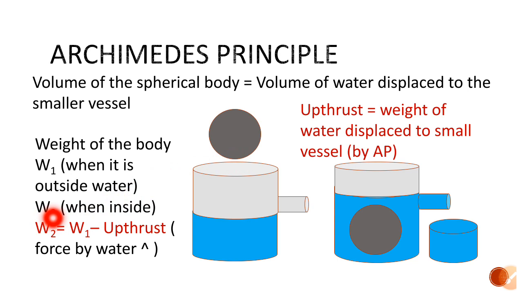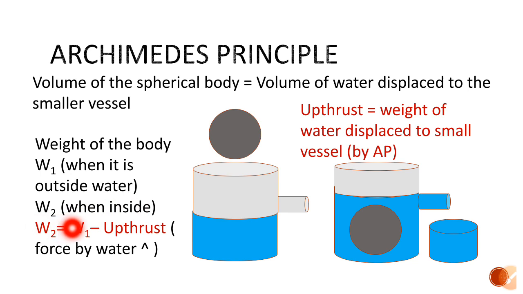So why is there a loss of weight? Because there is some upthrust, that is the force exerted by the water on the object against the weight of the object. W1 is the weight when the object is outside, and W2 is the weight when it is inside.